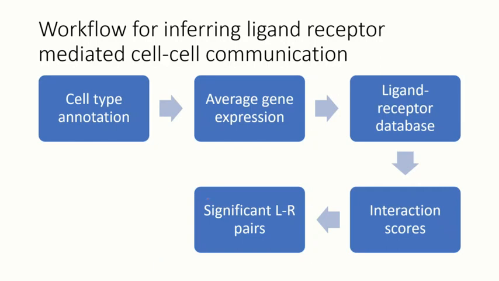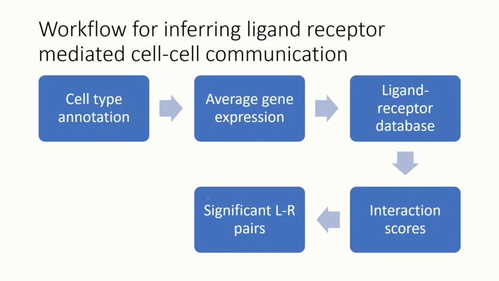Interaction scores. You have to define which two cell types I want to study and which pair of ligand and receptor. So you need this full piece of information to define one interaction score. If you have an expression matrix after you finish annotation, you can compute a table like this.